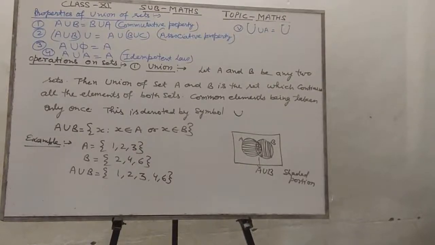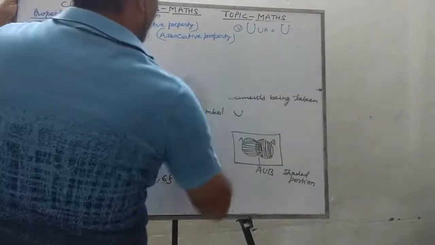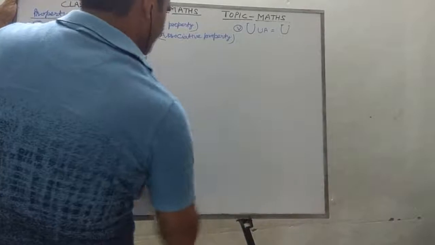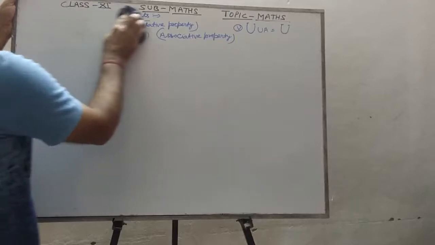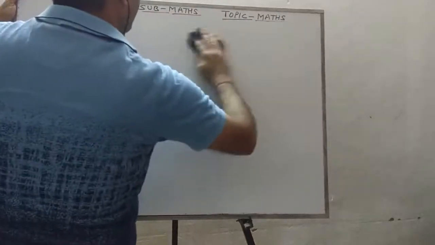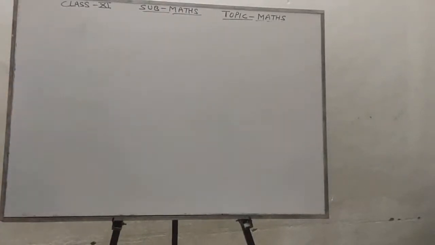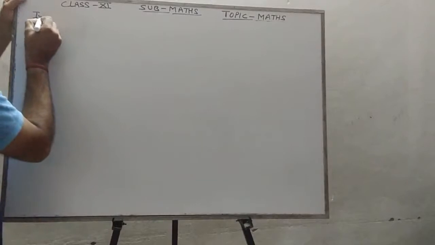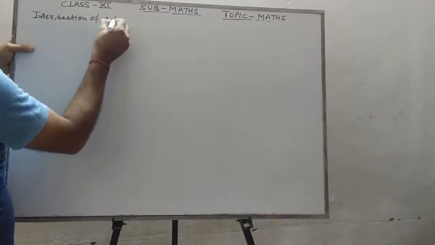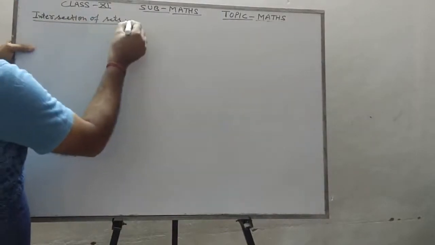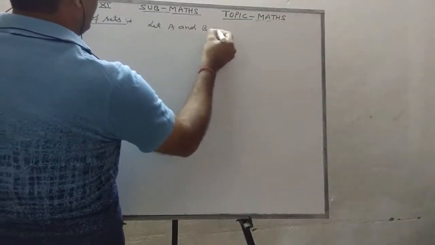Next we come to intersection of sets. The next operation on sets is intersection of sets. Let A and B be two sets.